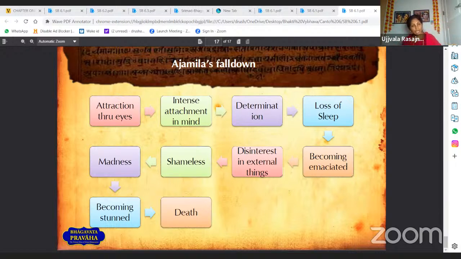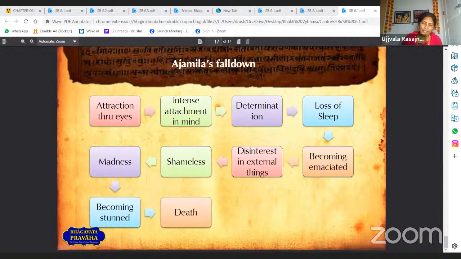And I'm telling you a story now, how the sins are totally burned completely, even though this person, Ajamila, is so sinful. See how the sins are burned completely, even when he is trying to utter the name, not directly addressing Narayana. So this is the power of bhakti. This is the power of the nama, that it can totally burn the sins away. In that way, we started hearing the Charita of Ajamila and the discussion.